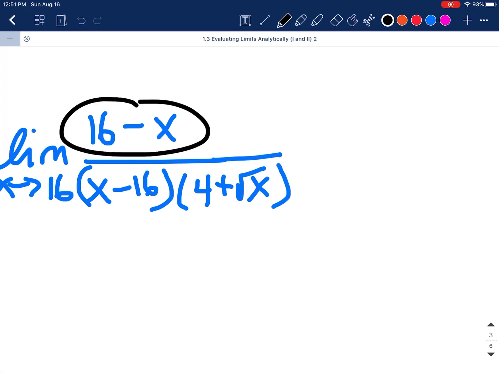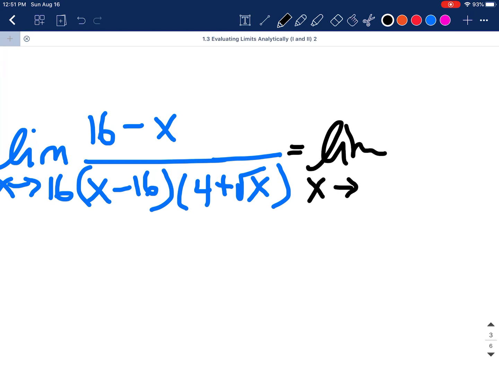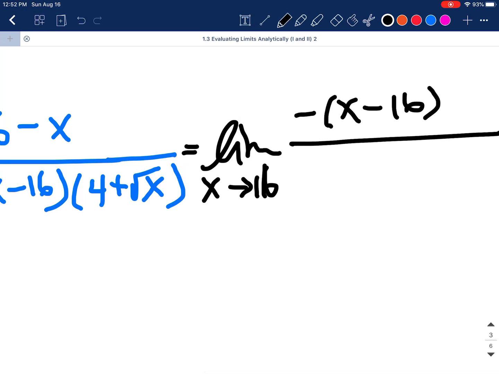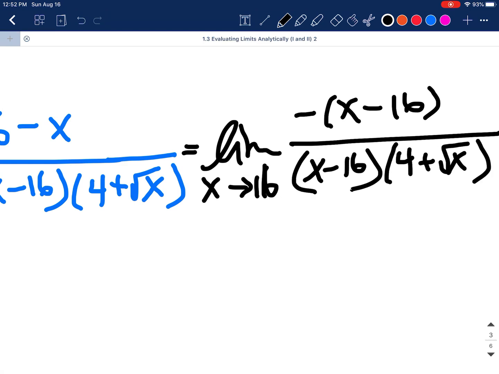Looks like from the numerator is going to be the easiest. So we're going to get the limit as x approaches 16 of negative 1 times x minus 16 over x minus 16 times 4 plus rad x. Again, you don't have to show this step. You can just cancel at that previous step, but I'll be a little bit more formal here for our notes. So those are going to cancel.